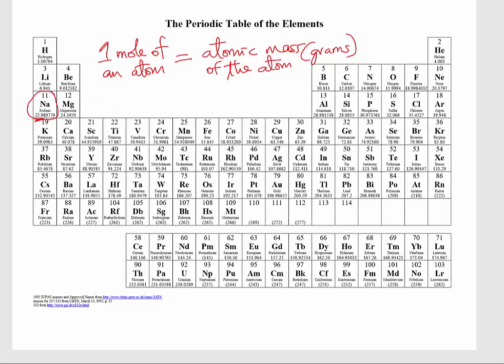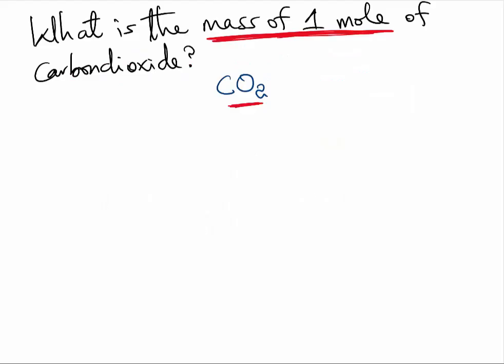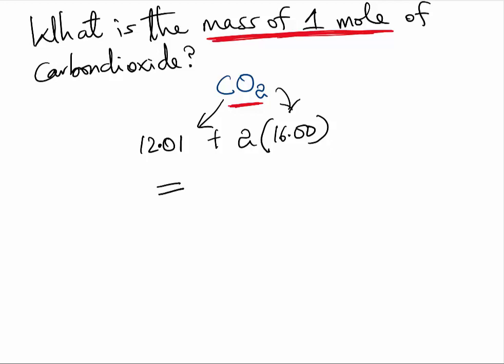On the periodic table, carbon is approximately 12.01, oxygen is approximately 16.00. So the mass of 1 mole of carbon dioxide will be 12.01 plus 2 multiplied by 16.00 for oxygen, and that should add up to 44.01 grams for 1 mole per mole.